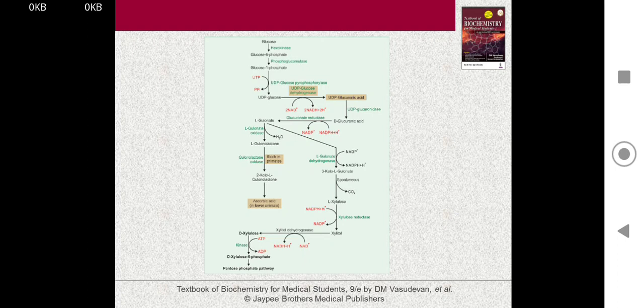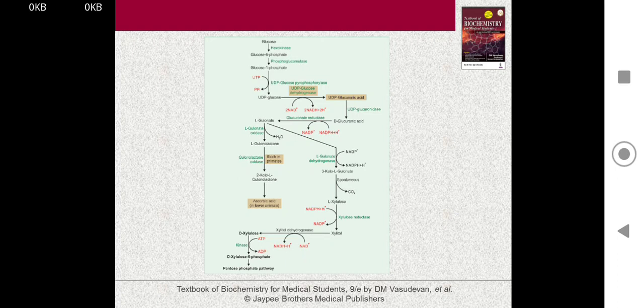So, it is important for your MCQ purpose as well as short questions. Now, L-gulonic acid can be converted into 3-keto L-gulonate with the help of the enzyme L-gulonate dehydrogenase. Now 3-keto L-gulonate is spontaneously converted into L-xylulose, which is converted into xylitol, and then into D-xylulose with the help of two enzymes, xylitol dehydrogenase and xylulose reductase.